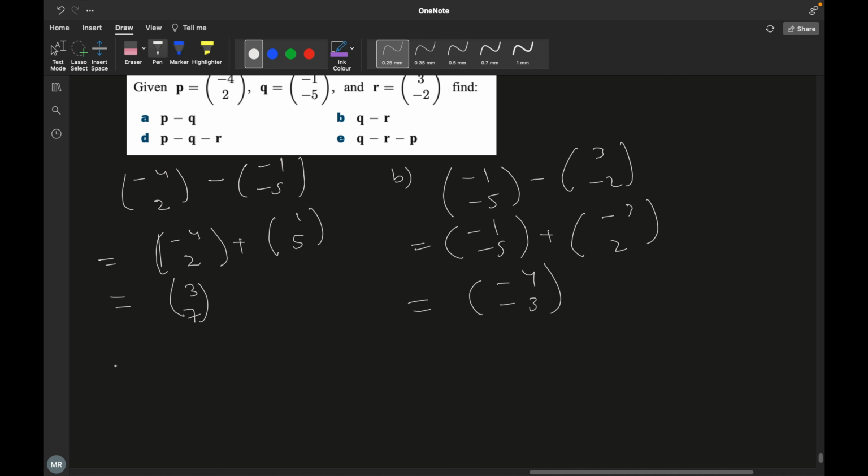And then we have D, which is P minus Q minus R. Is going to be negative 3, so negative 6. 2 plus 5 plus 2 would be 9.